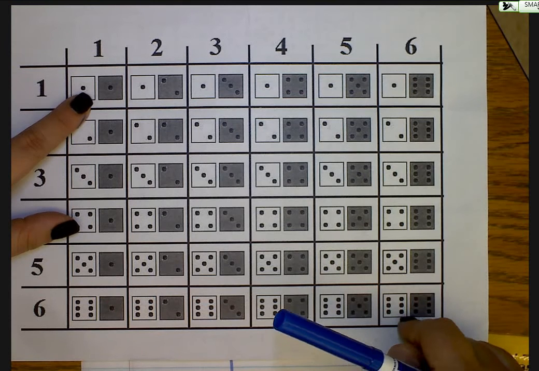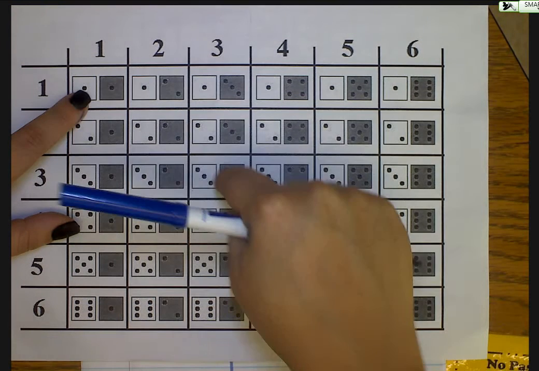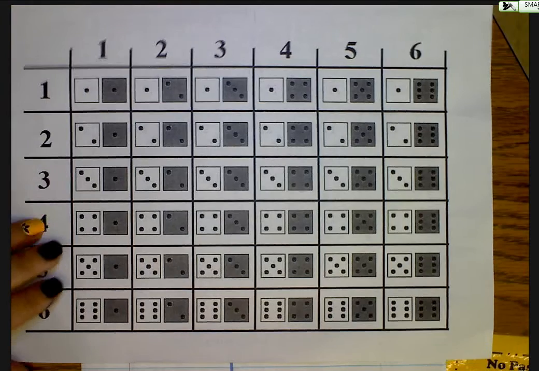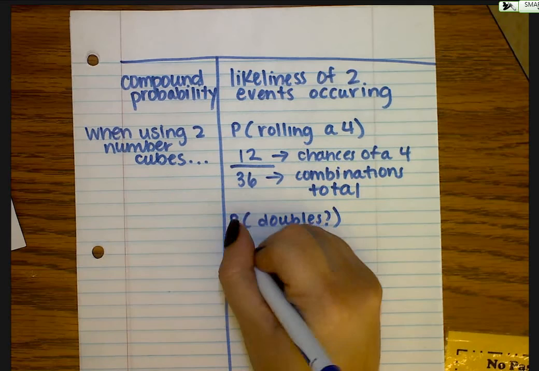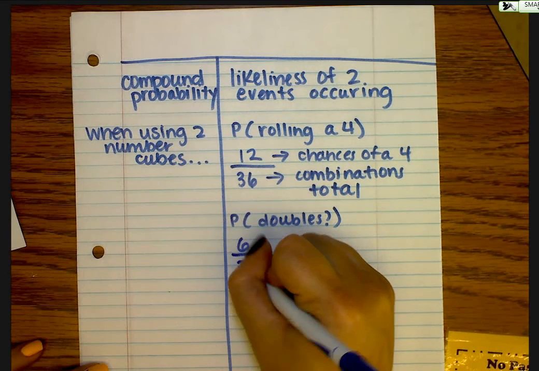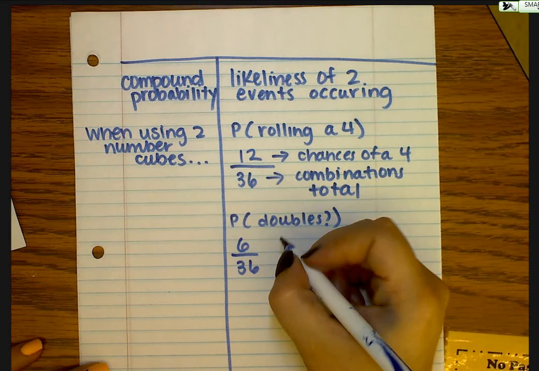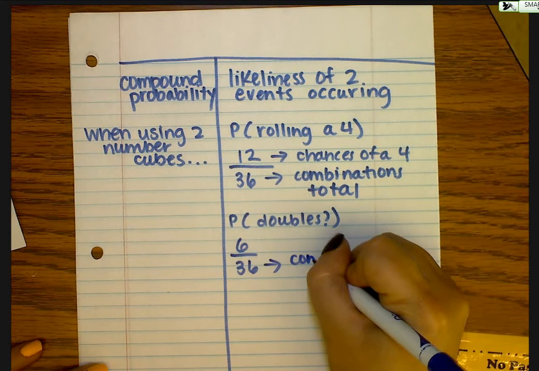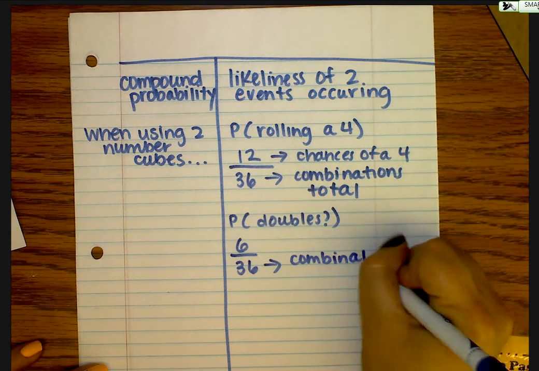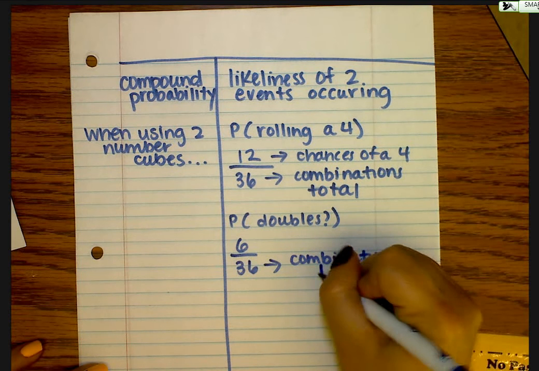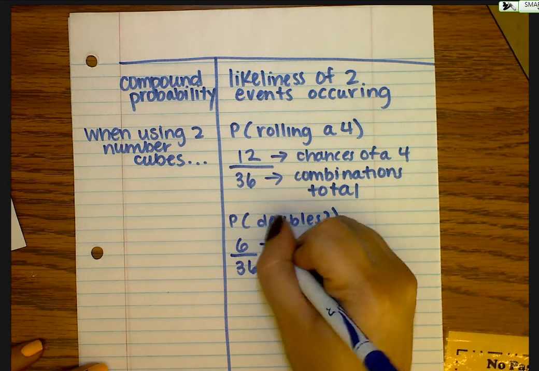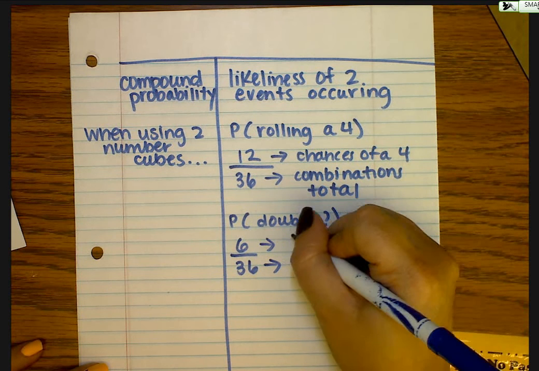I have 1, 2, 3, 4, 5, 6 sets of doubles. So my probability is 6 out of 36, because there are 36 combinations total and 6 sets of doubles.